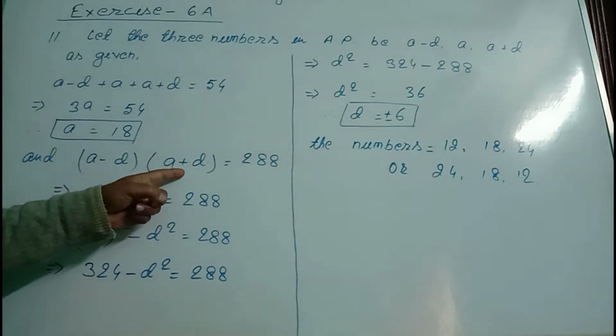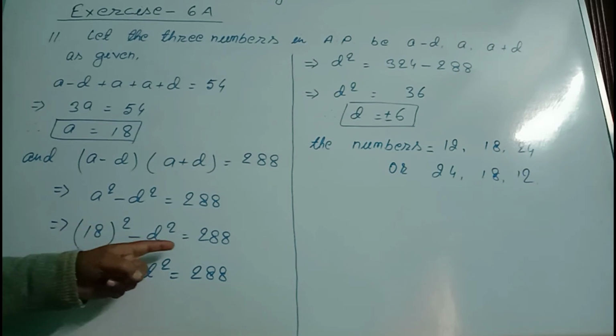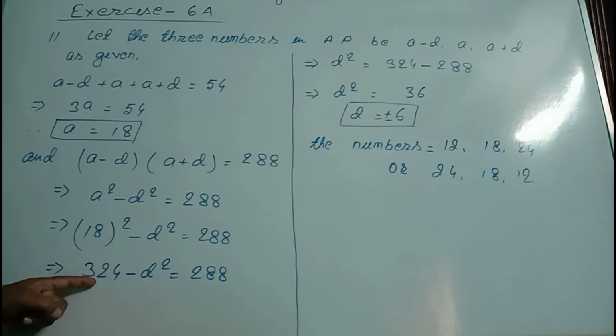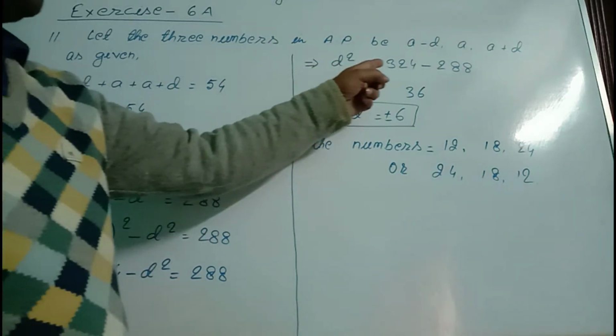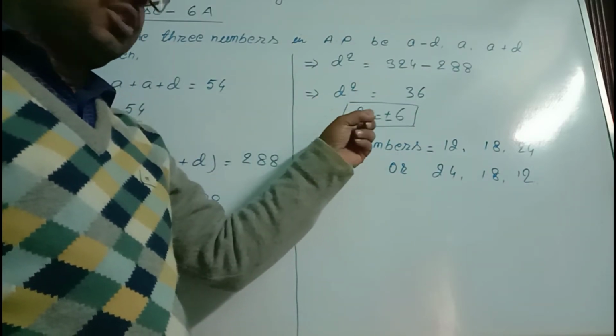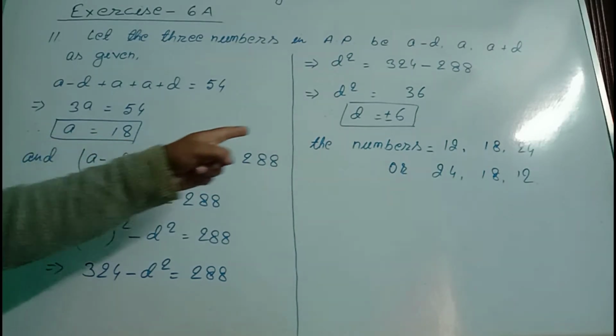A minus D into A plus D equal to A square minus D square equal to 288. 18 square minus D square equal to 288. 18 square equal to 324. So 324 minus D square equal to 288. Therefore D square equal to 324 minus 288. So D square equal to 36. D equal to plus minus 6.